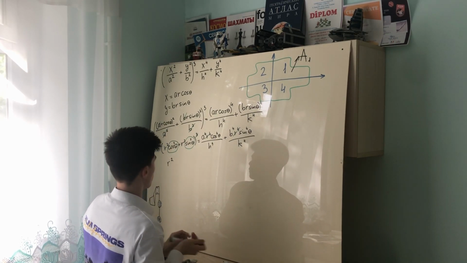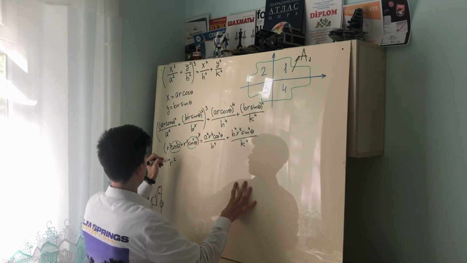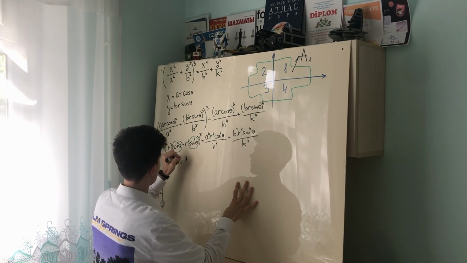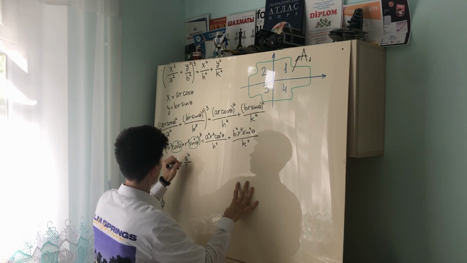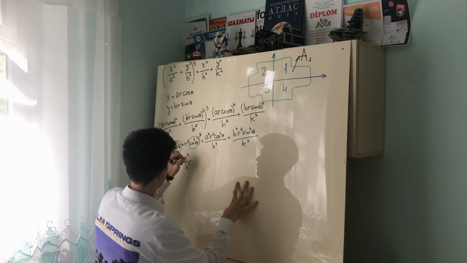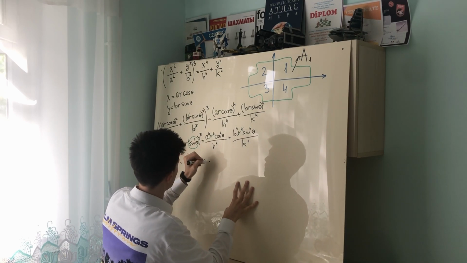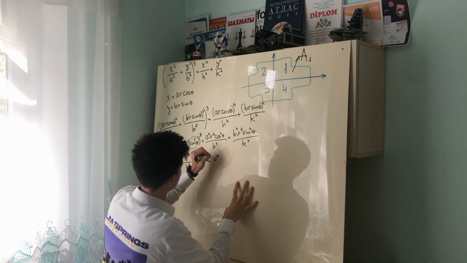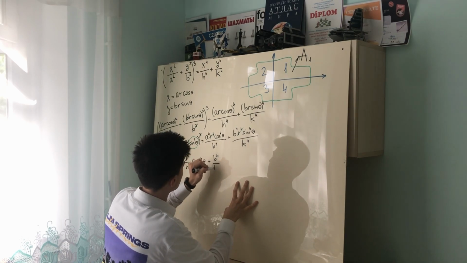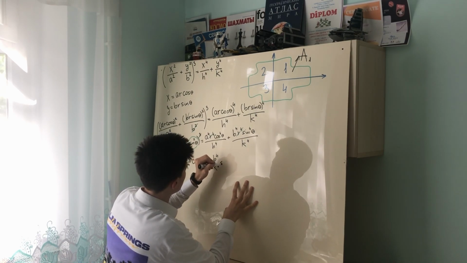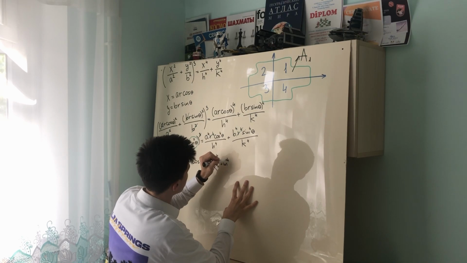So we will have r squared equals a to the 4 over h to the 4 cosine to the 4 theta plus b to the 4 over k to the 4 sine to the 4 theta.